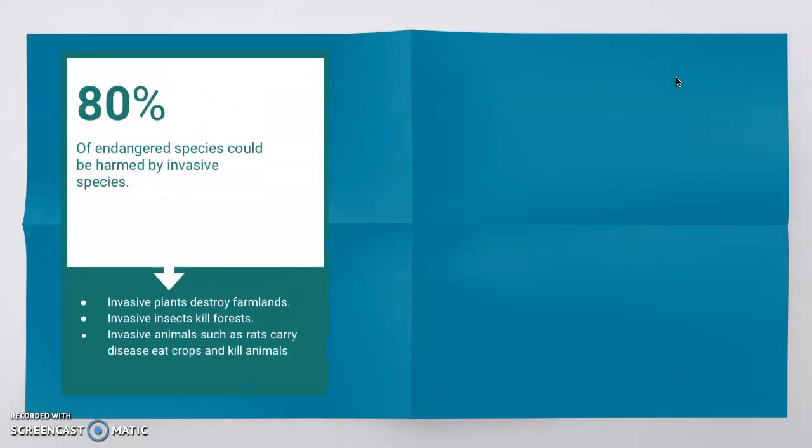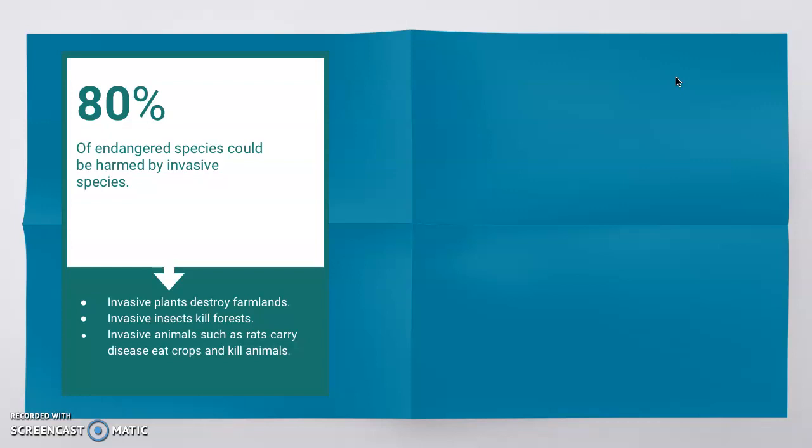So pay attention to the following information, guys. 80% of endangered species could be harmed by invasive species, which is something that makes us feel really sad, because sometimes many organizations, environmental clubs, environmental groups have been doing some actions in favor of protecting these endangered species that we have.